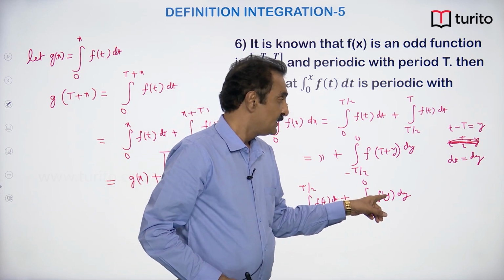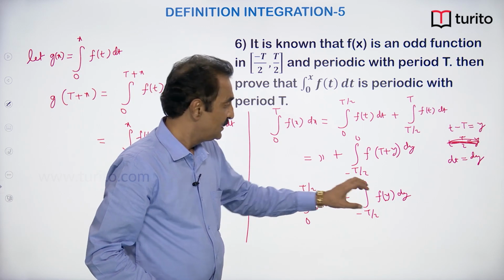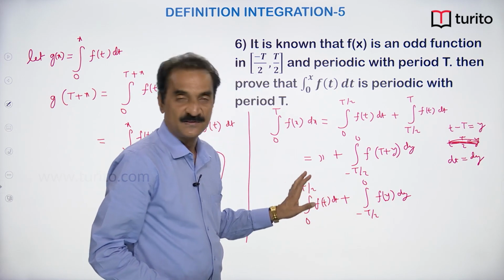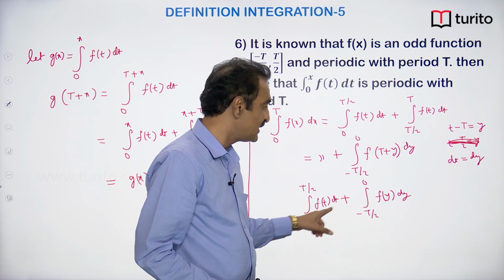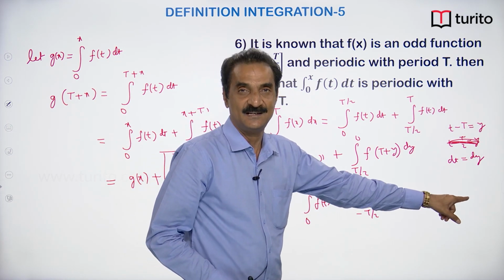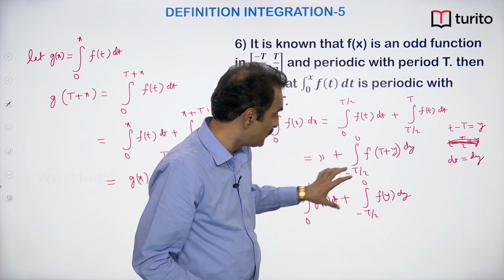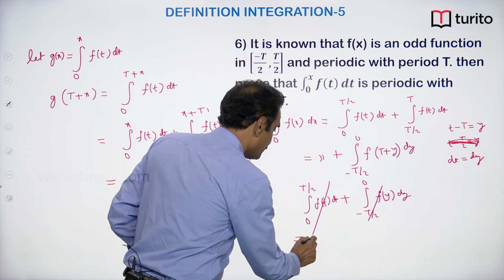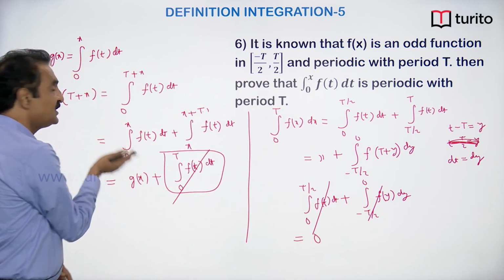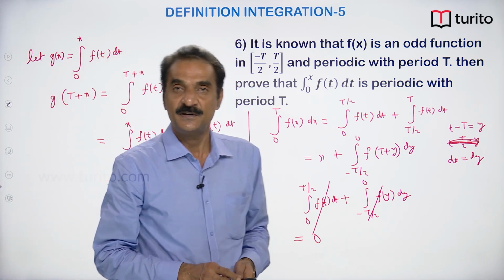Now, since f is an odd function, you prove that this is minus of this, then these two will cancel. If you want to prove that this is equal to minus of this, put y is equal to minus z, then you will get this is equal to minus of this. These two will cancel and you will get 0. If this is 0, g of T plus x is equal to g of x, and g of x is periodic with period capital T.